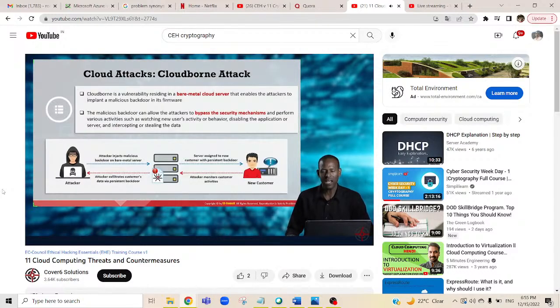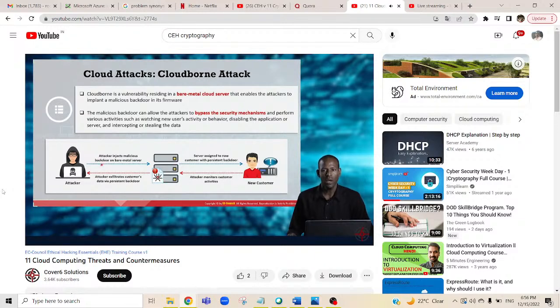The next type of attack is a cloud-borne attack. A cloud-borne attack is an attack that is actually at the bare metal. When we use the term bare metal, we're talking about the actual hardware of the host. What the attacker does is they attack firmware.